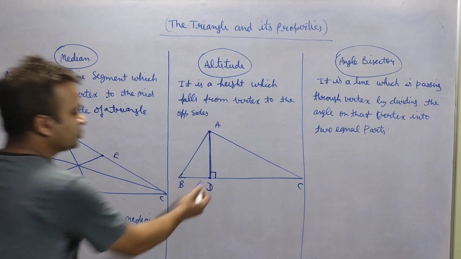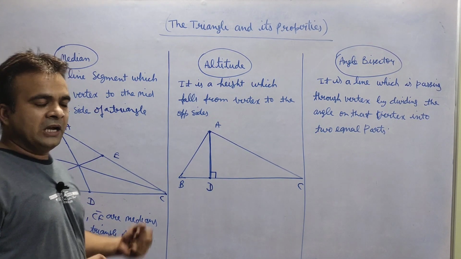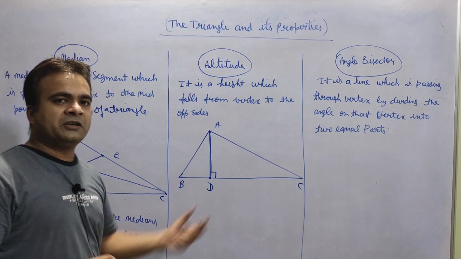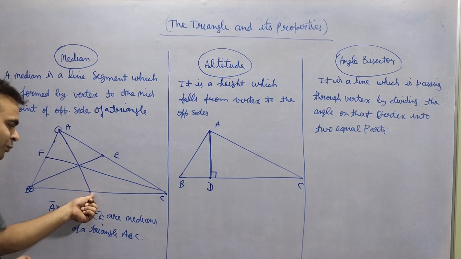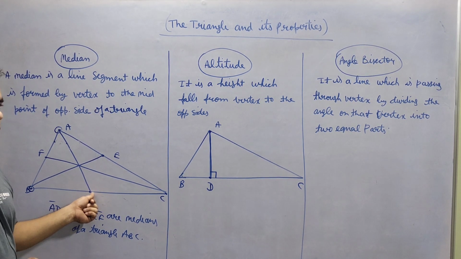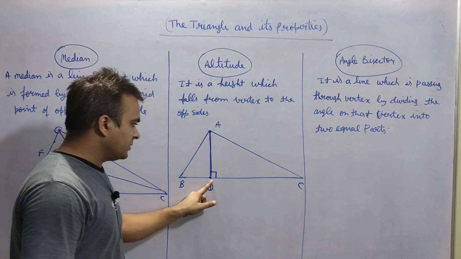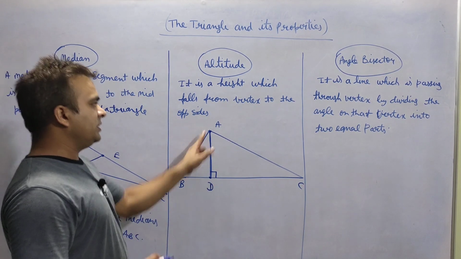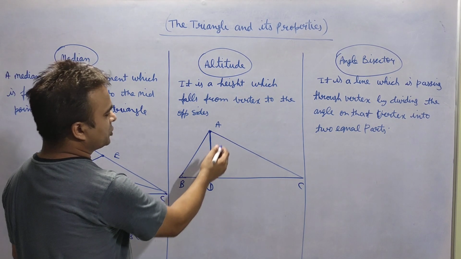We are saying it should make 90 degrees. This is the criteria for altitude. Altitude says we want 90 degrees only, nothing else. Median says we want the midpoint only. Where is the midpoint? And join it with the vertex. Where is the point on this line which makes a 90-degree angle with A? That is called the altitude.